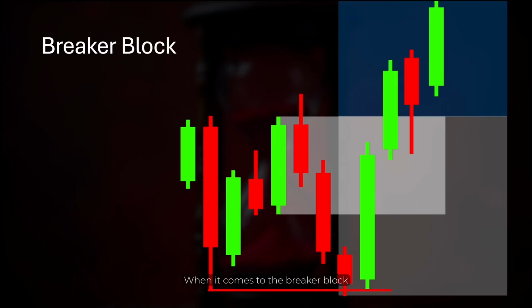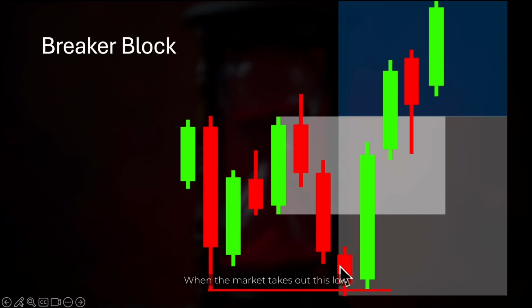When it comes to the breaker block within a bullish scenario, it looks like the following. Where you can see that the market expanded towards the downside and we formed this low. A retracement occurred and we see the market form this high in here. The market then expands towards the downside one more time, taking out this previous low.